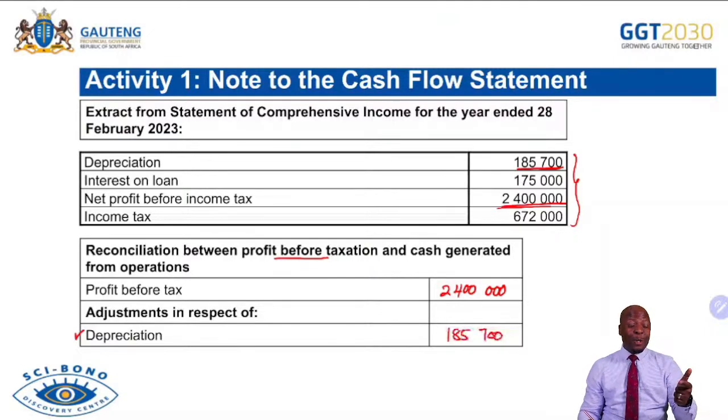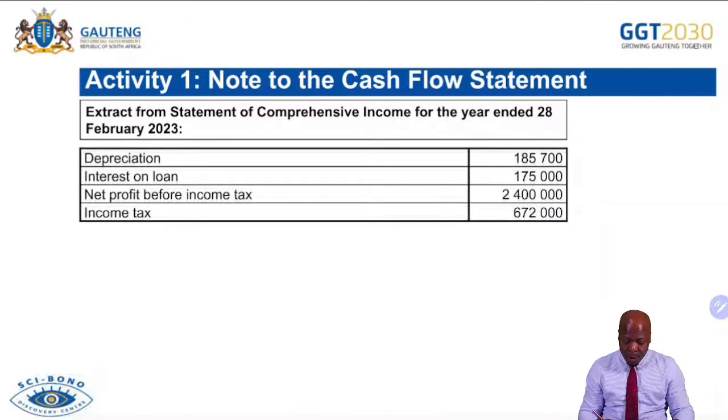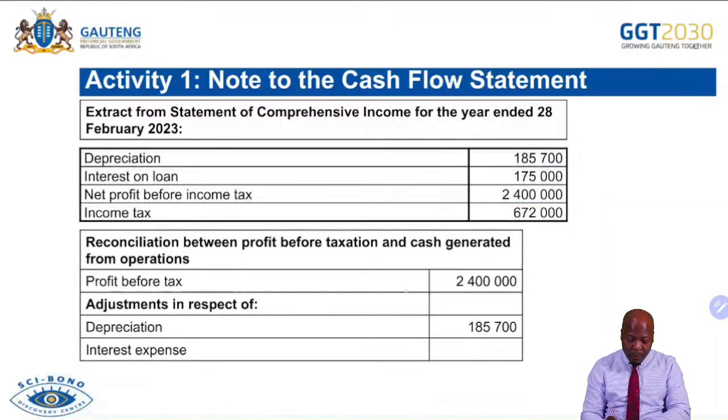All right. Let's go on to the next aspect and then we see what more we can record. So far we have recorded our profit before tax. You remember this one. We've also recorded our depreciation. Therefore, the next aspect to record is my interest expense. And I'll come again. Where do I go? Yes, we come to the statement of comprehensive income. In the statement of comprehensive income, what are we looking for in this case?